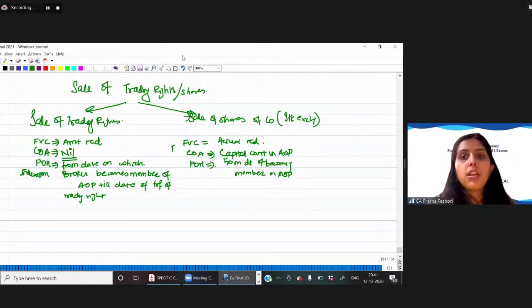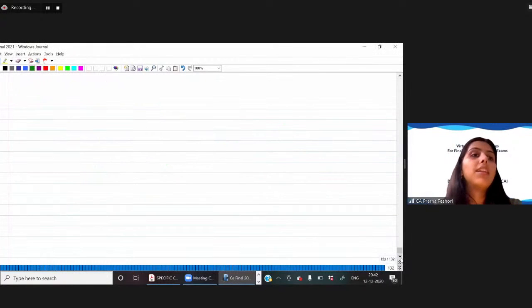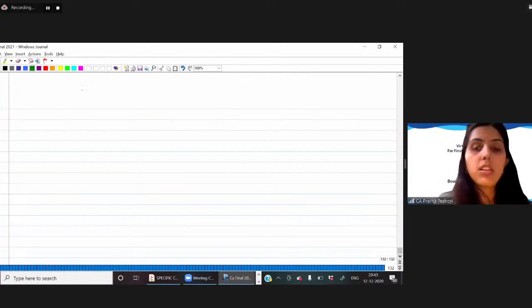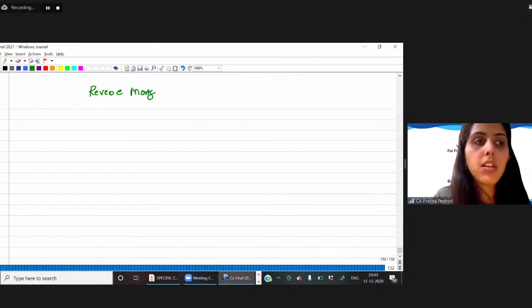Next provision, again a very small provision, an old provision. Let's understand, because since it's part of your syllabus, I'm taking it up, but those are not really that important provisions. Reverse mortgage schemes.